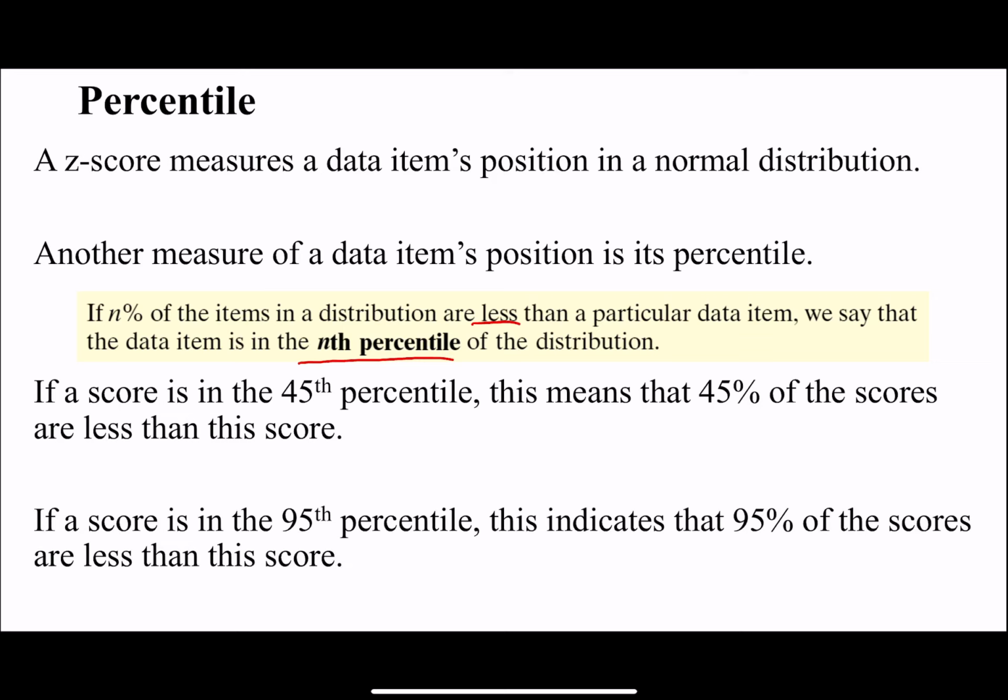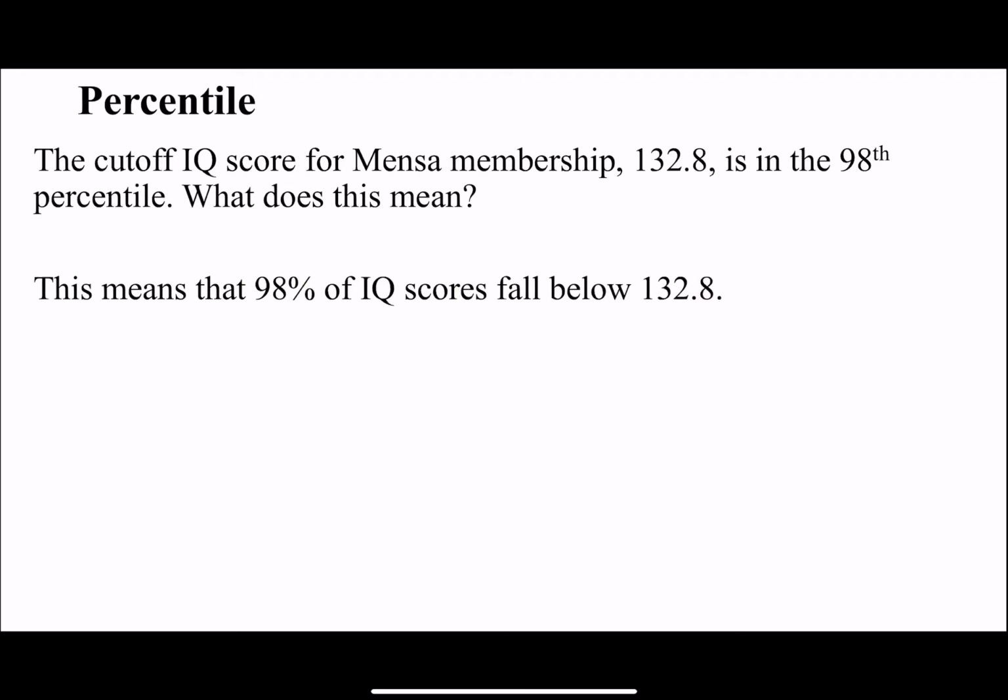Okay, or if a score is in the 95th percentile, it means that 95% of the scores are less than this particular score. So for example, the IQ score for Mensa people, 132.8, is the 98th percentile.